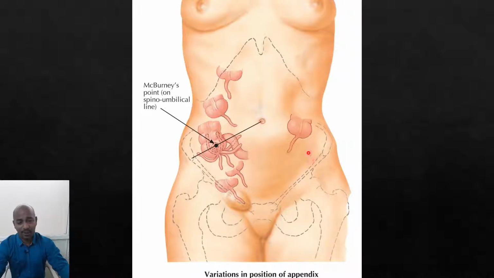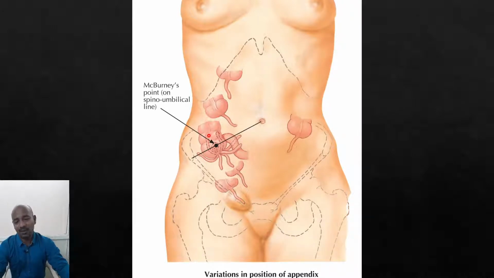Or as the further rotation takes place, the cecum and appendix reach the umbilical position and then the subhepatic position, and from the subhepatic position the cecum descends down. So along that path you may find the cecum and appendix located anywhere.